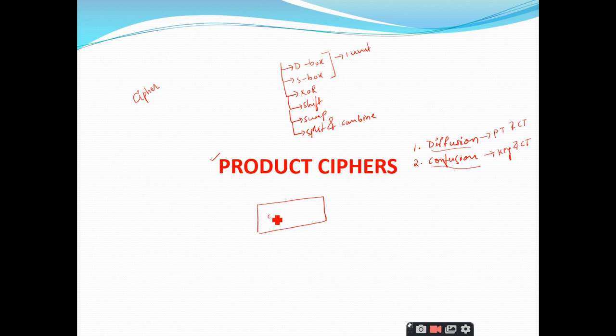right? For example, assume that this is a crypto system where we are using it for the at the sender side. So what is the input to this crypto system? It is plain text. What is the output of the crypto system?